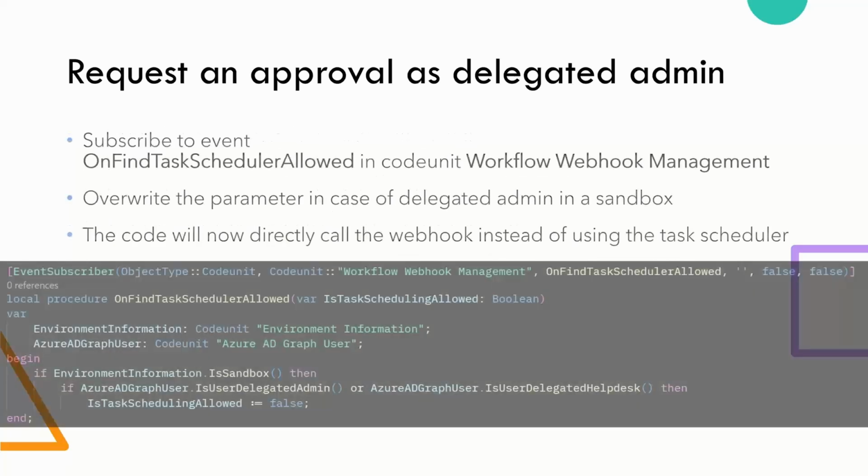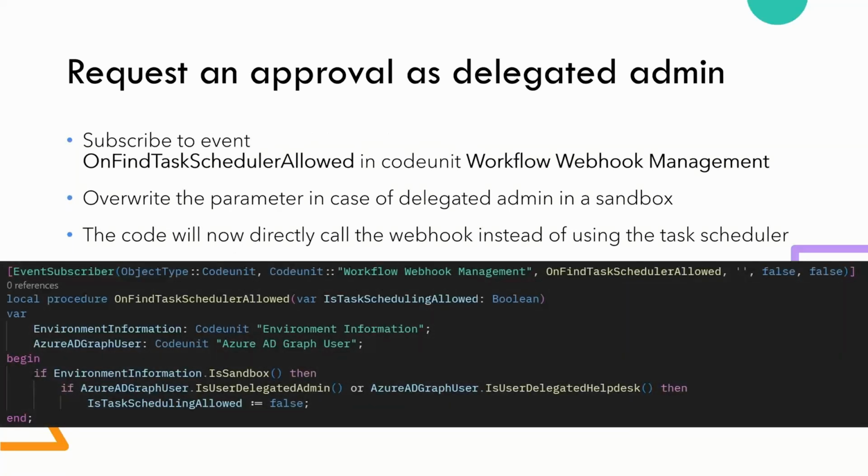So what you need to do to mitigate this problem is subscribe to the event OnFindTaskSchedulerAllowed in codeunit Workflow Webhook Management and override the parameter IsTaskSchedulingAllowed.